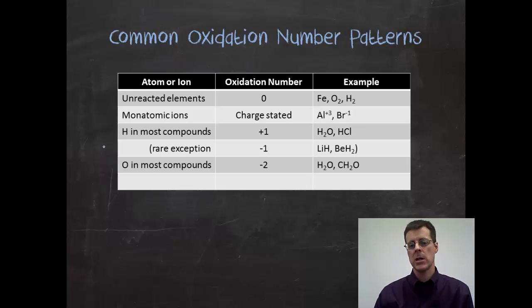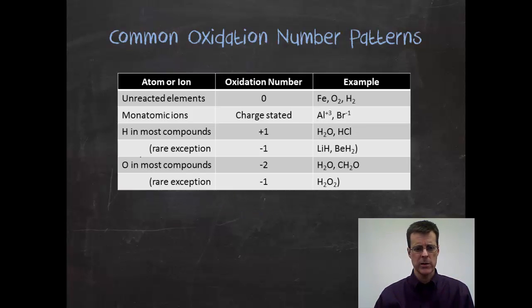Oxygen in most compounds is going to be -2. Now we actually know that from grade 11 nomenclature, right? Well, oxygen was always -2 in compounds, -2 with metals. Now we're going to treat it as always -2 in compounds, with the exception of a peroxide, hydrogen peroxide, H2O2, as an example.